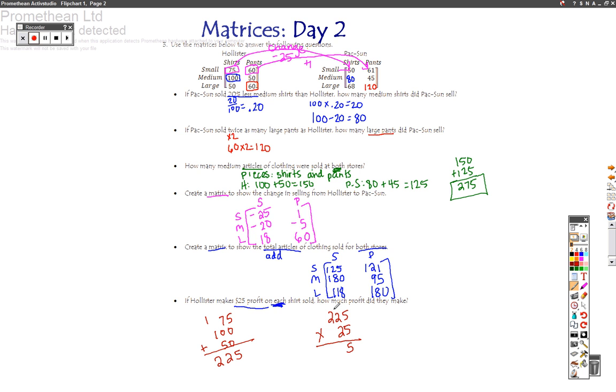And I don't have that number in my head, so I'm going to have to multiply that out. If you have a calculator, you can just multiply that in your calculator. $5,625. This would be your final answer. Alright, good luck, guys.